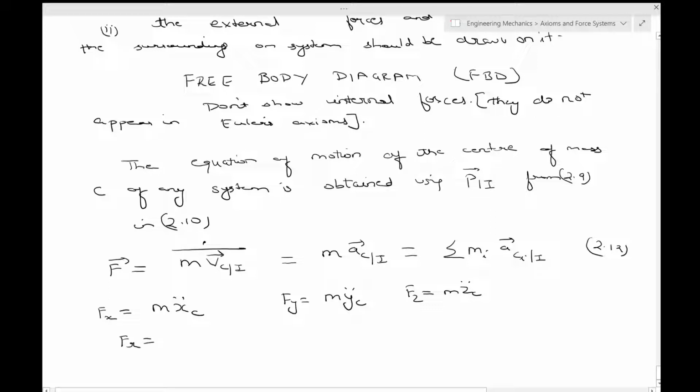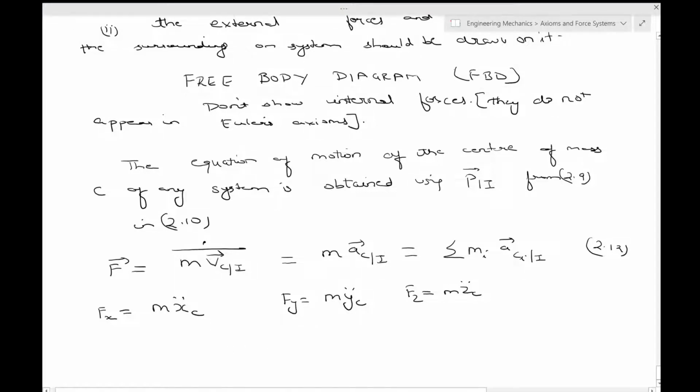F_r, so this is the cylindrical coordinate. In this we write as m times r_C double dot minus r_C phi dot_C whole square. I will write actually this in red. The purpose would be so that you should exactly know how this is written.